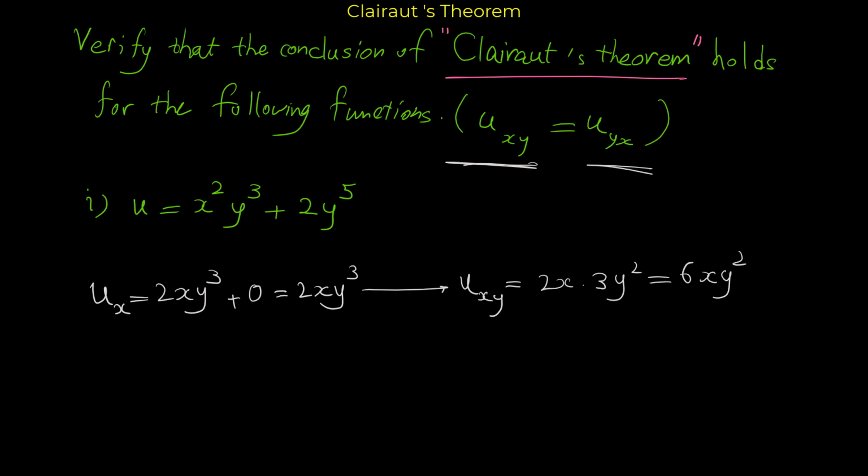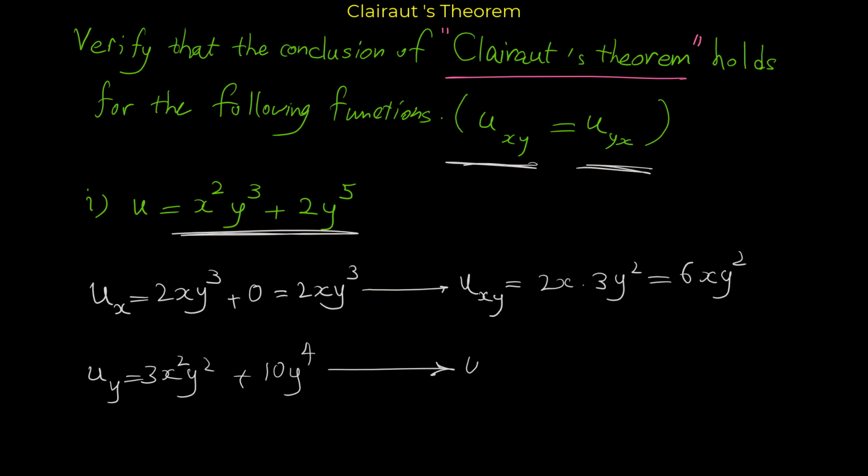Now let's start the other part. The partial derivative of u with respect to y is, what is the derivative of this with respect to y? Now x squared is a constant, the derivative of y cubed is 3y squared, and the derivative of 2y to the 5 is 10y to the 4.